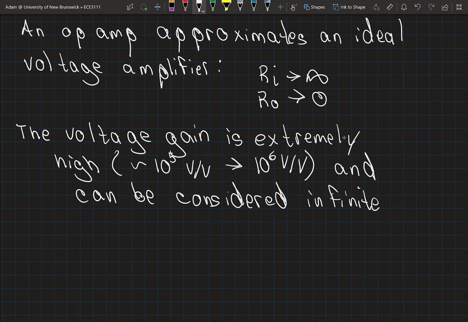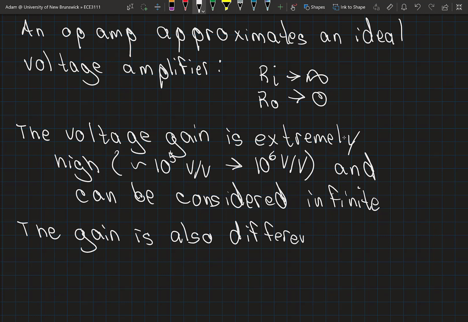Another aspect of the gain that's key to an op-amp and very characteristic of an op-amp is that the gain is differential. What that means is that the output of the op-amp depends on the difference between the two input terminals.